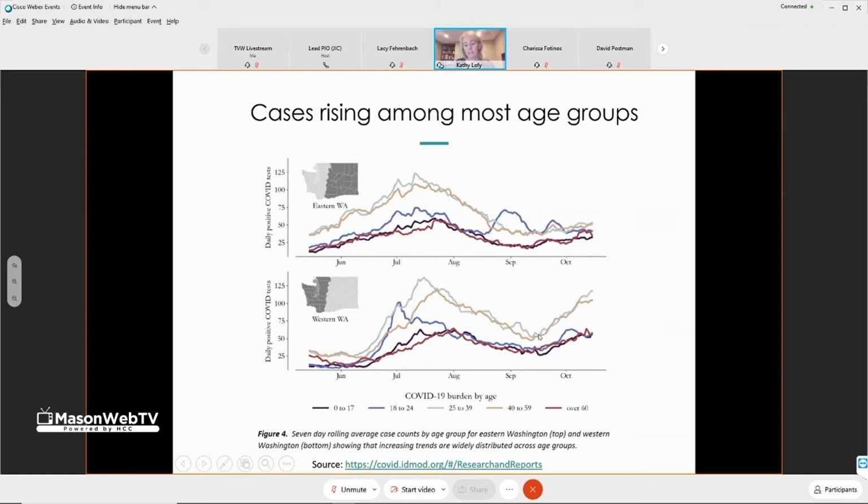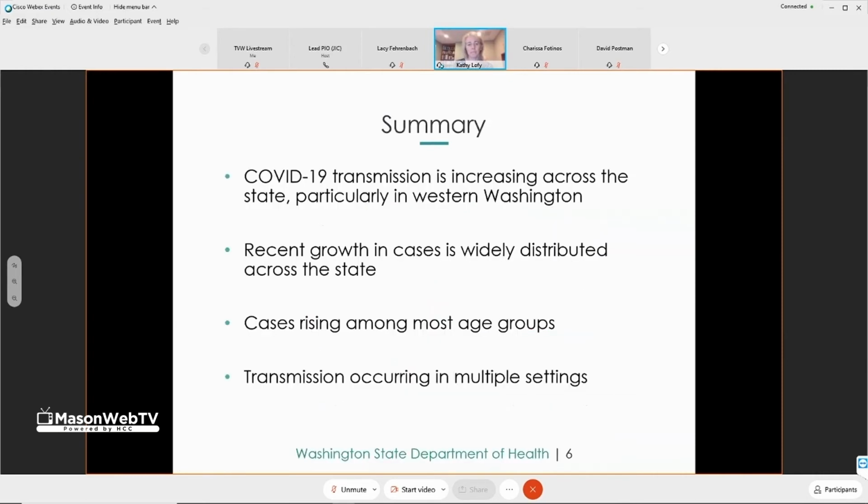And you can also notice that these increases are happening in almost every age group, with the sharpest increase happening among the 25 to 39-year-olds and the 40 to 59-year-olds. But concerning, we're also seeing increases in those over 60 when it comes to cases. This indicates that disease in the population is very widespread as well.